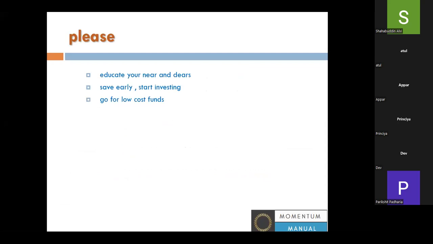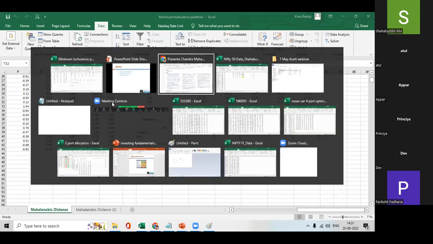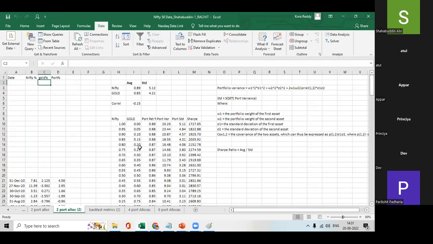Now you have a better understanding than what you had in the morning. Save early, start investing very early. Right now, I don't know where you are, but I would assume you are at 100, right? You need to go to that 500 figure.